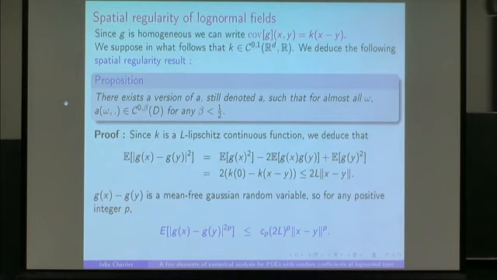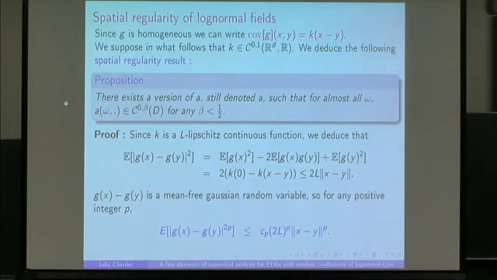So I'm going to say a few words about where this comes from. First, we use the fact that g is Gaussian. If you write what this quantity is, you can express it with the correlation function and with k, and you can bound it by using the fact that k is Lipschitz.